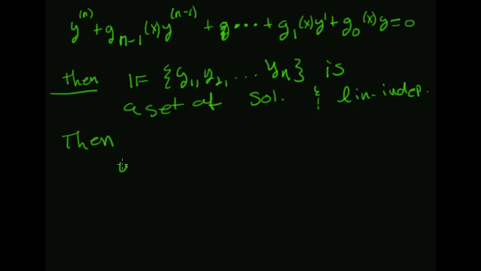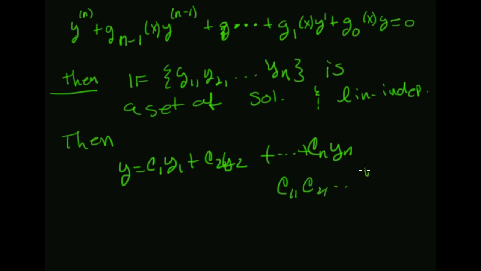So y equals some constant c1 times y1 plus c2 times y2 out to cn times yn is a solution to the system. And all of the solutions can be written this way, where c1, c2, out to cn are elements of the reals. We call this the general solution to the differential equation.